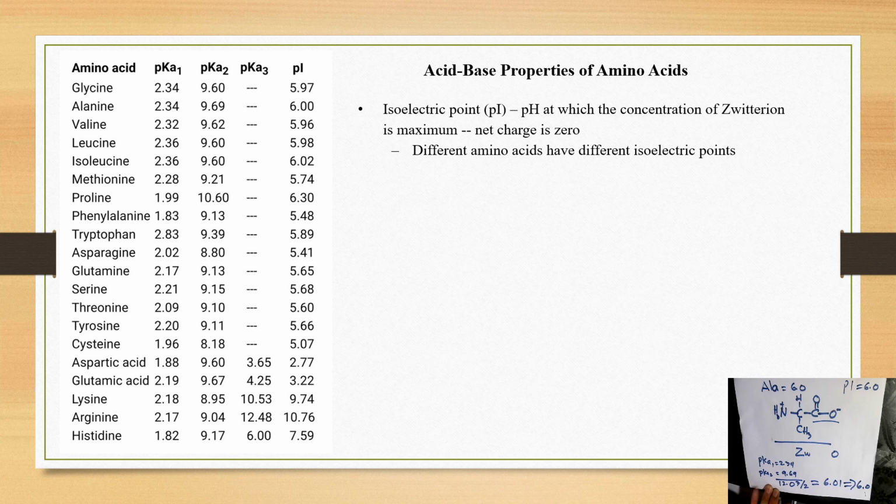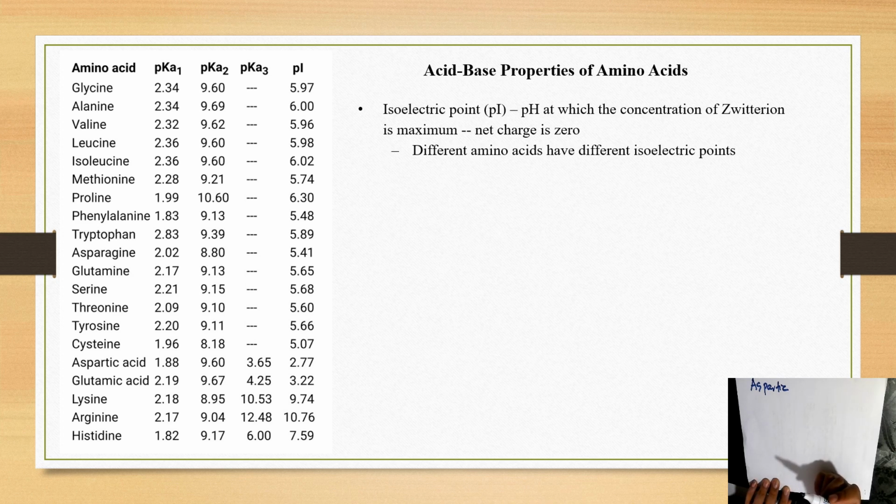For those amino acids that are acidic and basic, we select the appropriate pKa. So for example, aspartic acid. Aspartic acid has an acidic side chain.